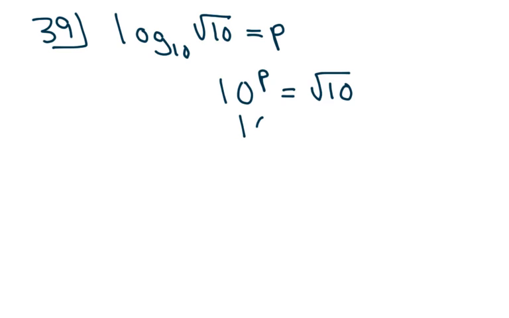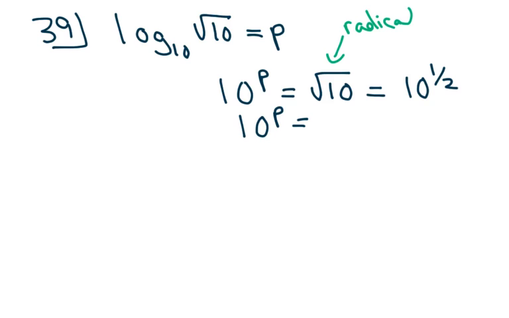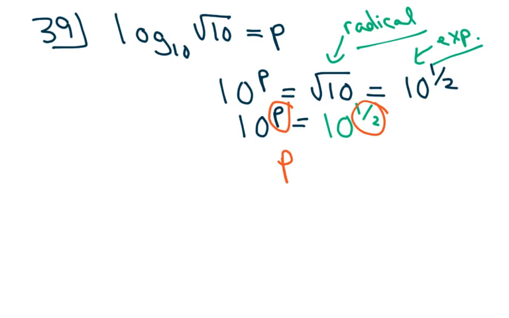So what I'm going to do is write my radical form into exponential form, to rational. So this is the radical way of writing it. This is the exponential way of writing it. You learn that in Algebra 2 as well. So now I have 10 to the what? 1/2. So clearly, p is what? 1/2.